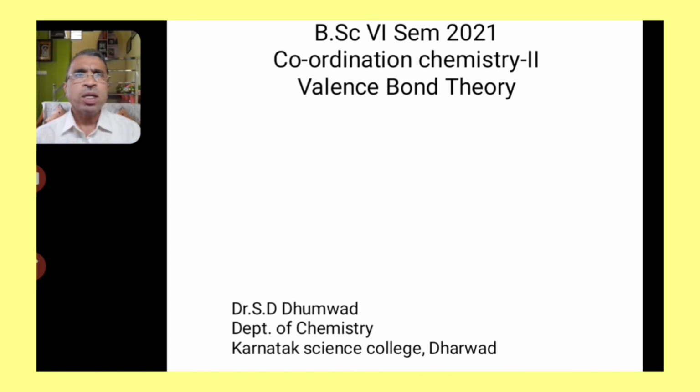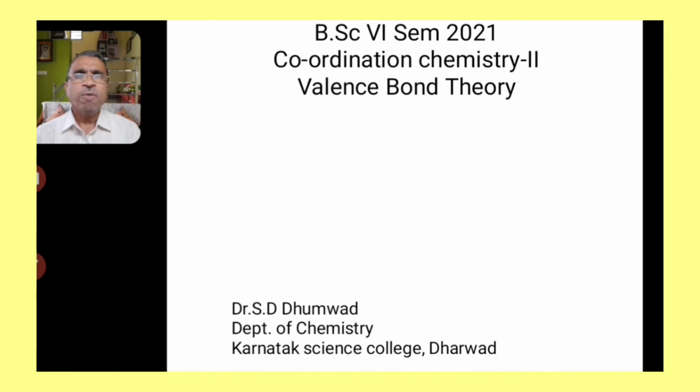In the 5th semester, you have studied the basics of coordination chemistry, that is the terms involved in coordination chemistry, then the nomenclature of coordination compounds, then isomerism, then Werner's theory of coordination compounds, effective atomic number, and also the calculation of EAN in various compounds. So today let us study the further aspects of this.